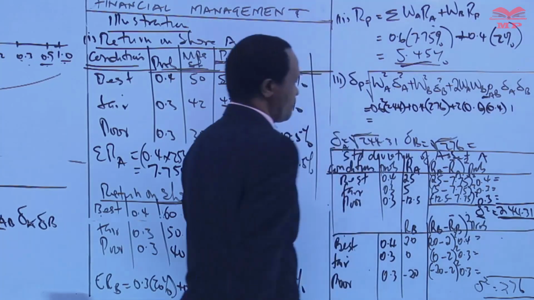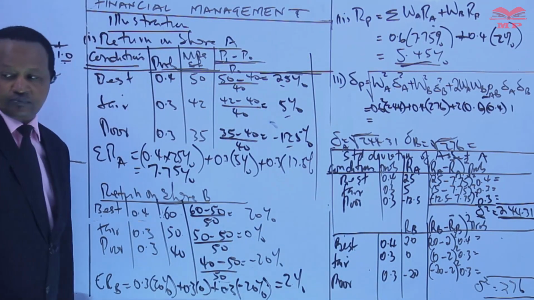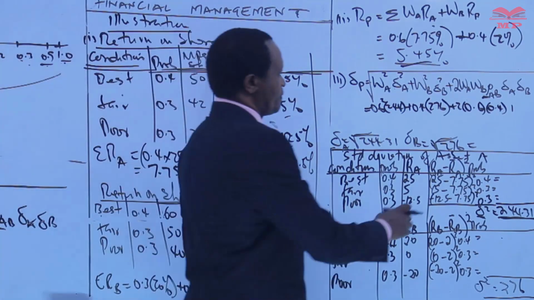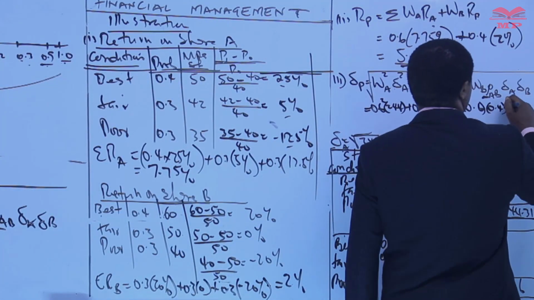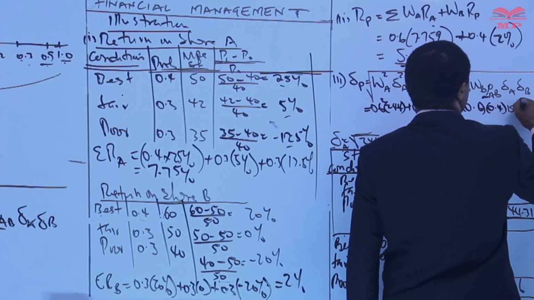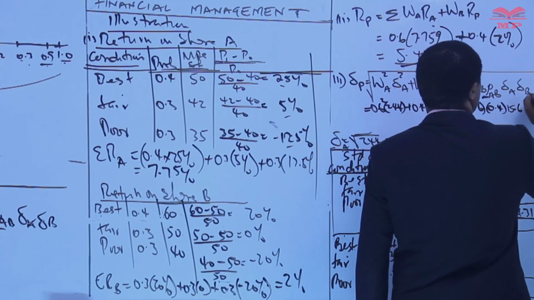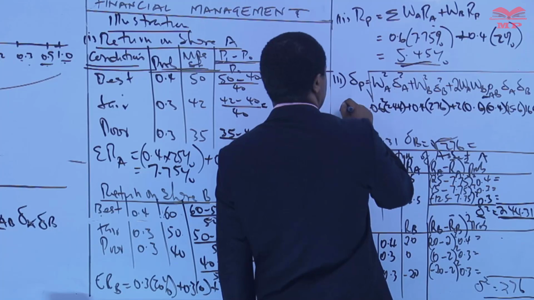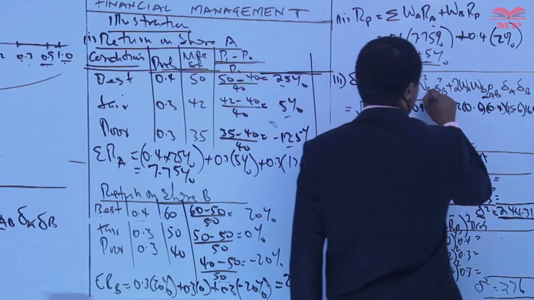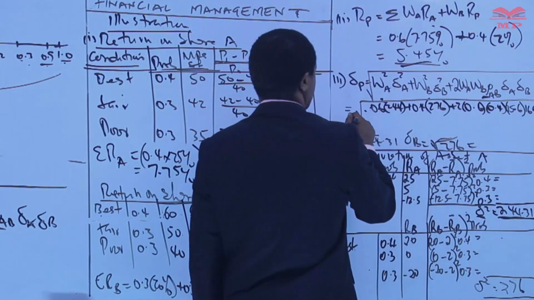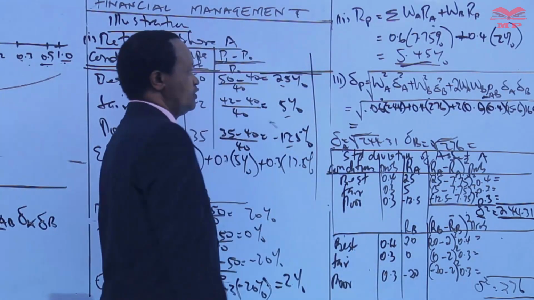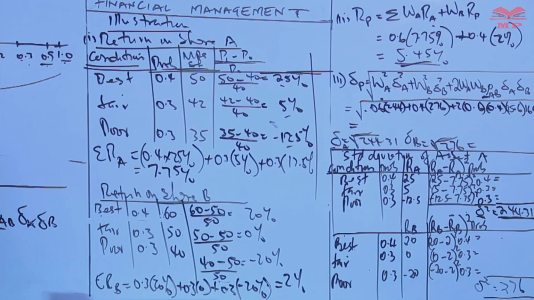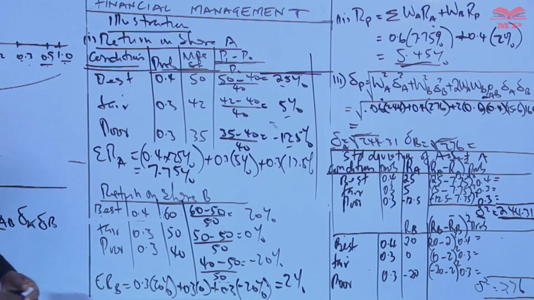How much is it? 15.6, 16.6. We multiply. Then get this square root. So what is the risk of the portfolio? Portfolio risk. 16.